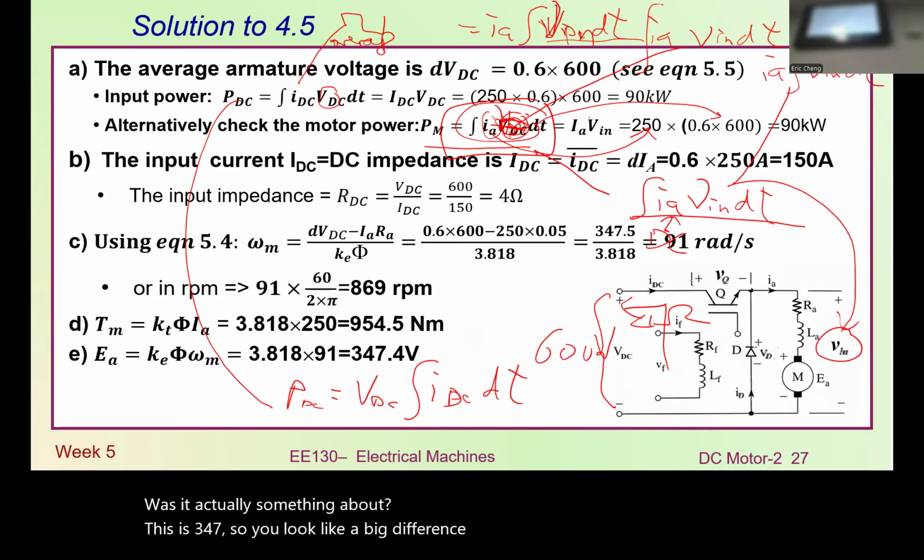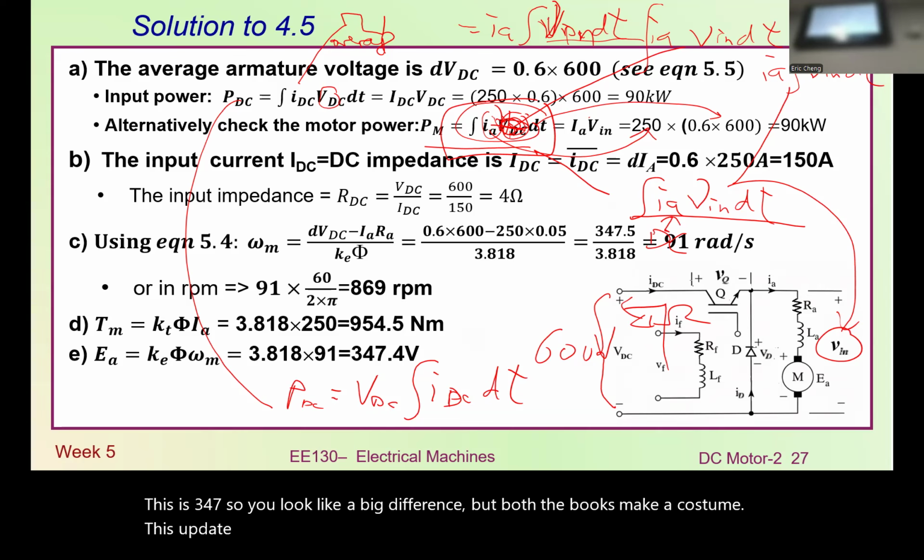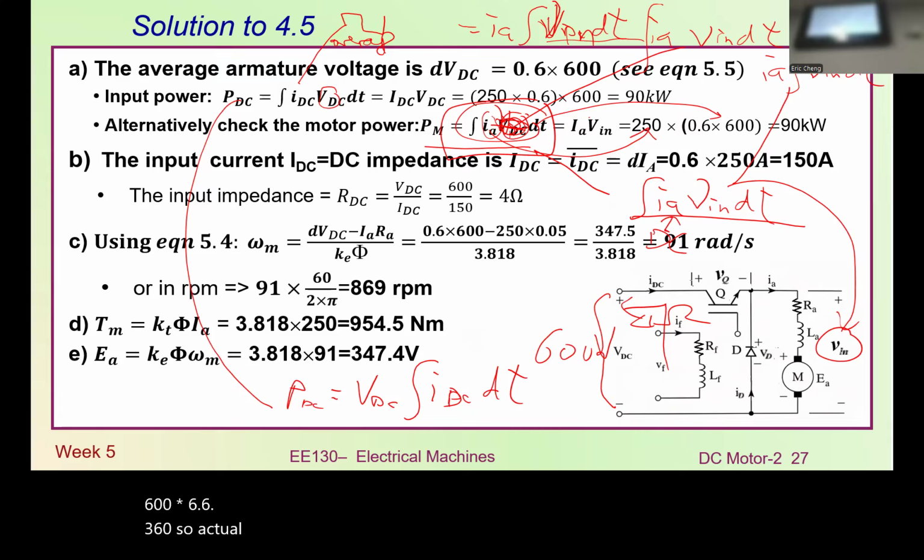But the voltage across here, the average voltage, sometimes is 600, sometimes 0 volt. The average voltage appearing here is 600 multiplied by 0.6, 360. So the actual average voltage here is only 360, not 600. 360 compared to 347 is okay, only about 5% goes to the power loss in the RPM.